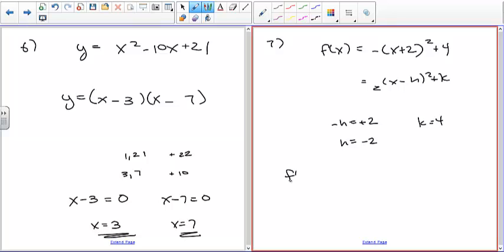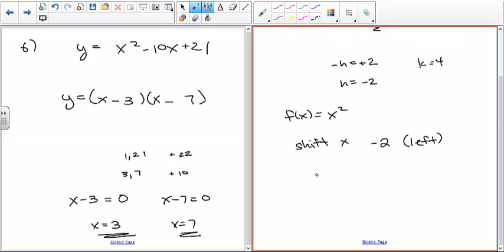So the parent function is the squared or quadratic function. And the transformations, we have the shift, so shift x minus 2, or to the left if you want to say left. Don't do both of them because you're going to double dip there.